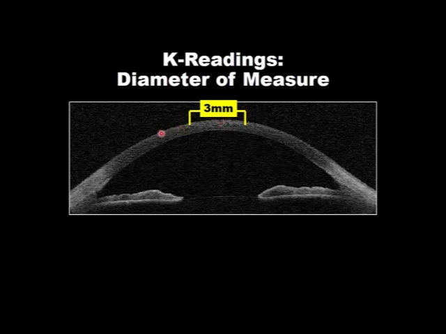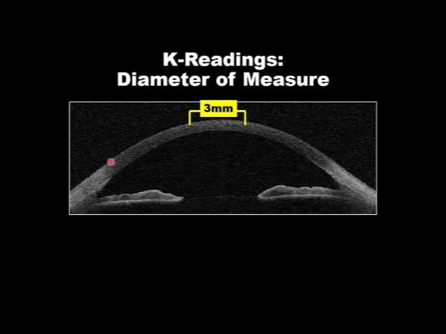We're missing an incredible amount of the peripheral cornea. Now, if we were fitting 3 millimeter contact lenses, a 3 millimeter K reading might make sense, but we're not. We're fitting large diameter lenses today. So getting data from 3 mils may not be ideal for fitting today's modern lenses.